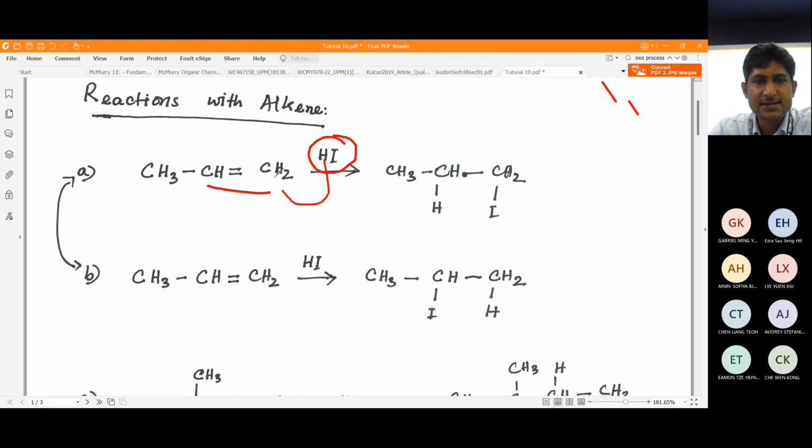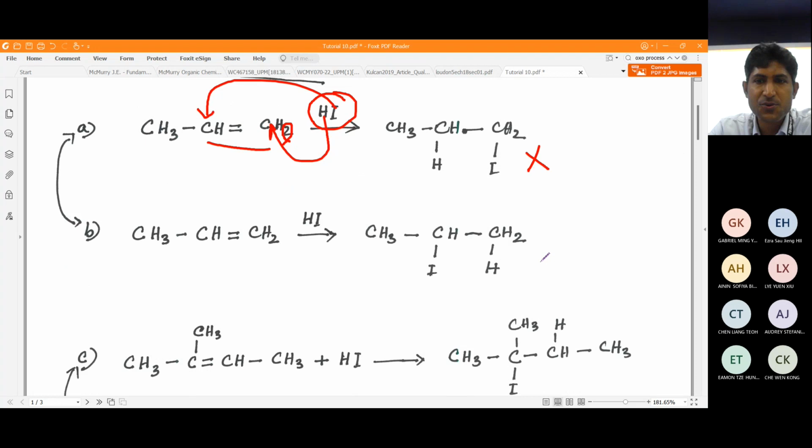So the hydrogen is going to go to this carbon because here there are two hydrogens in this carbon, but the iodine is going to go where there is less hydrogen. So this product is highly likely to occur, because this is following the Markovnikov rule. The other product can occur if there is an oxidizing agent there.